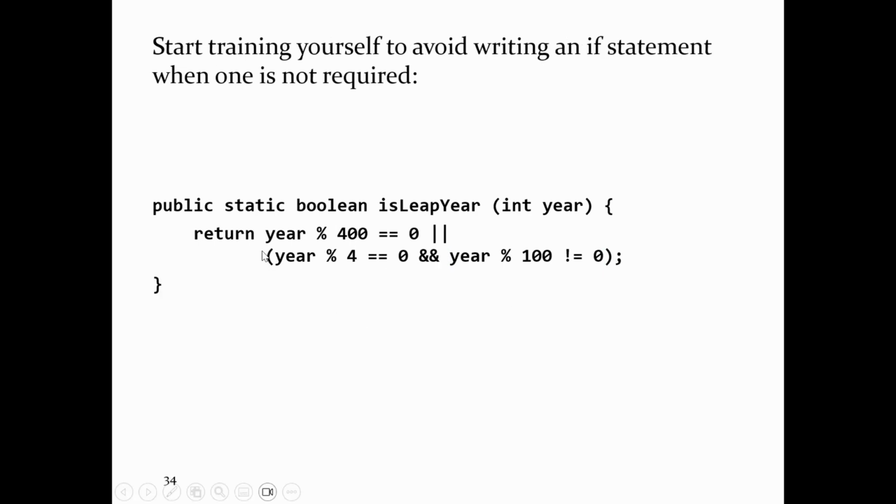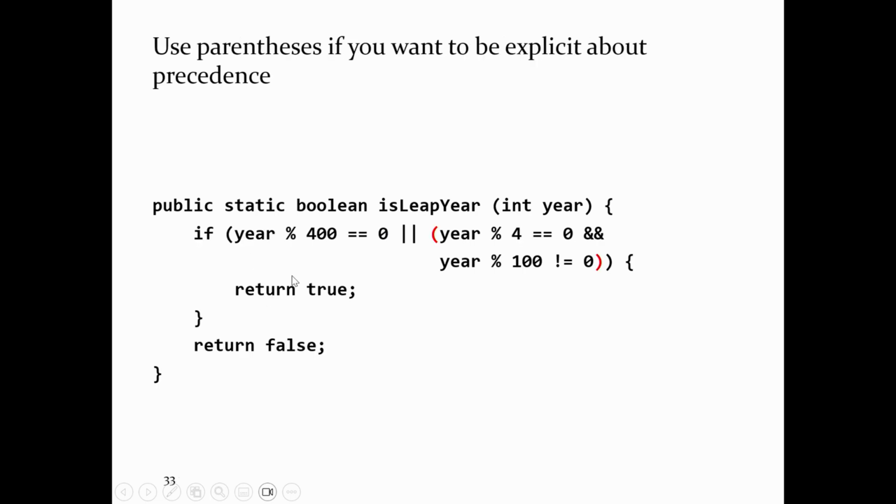And so a more experienced programmer would almost certainly write the method like this, right? They would get rid of the if statement altogether, simply evaluate the condition, and return the value of the condition, right? So as you become more experienced in programming, as you work your way through your computing science degree, assuming you're in the computing science program, you want to start training yourself to write that instead of that.